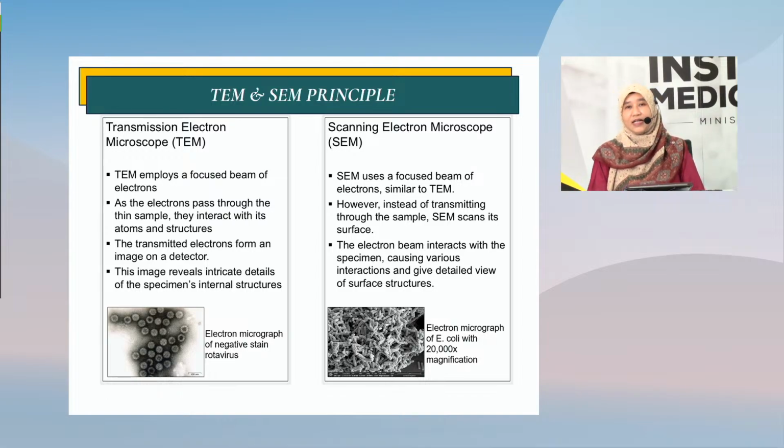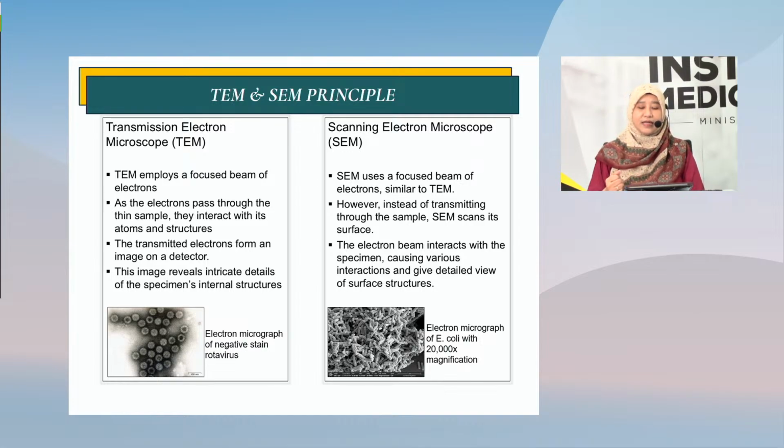The scanning electron microscope, or SEM, uses a high-speed focused beam of electrons, similar to TEM. However, instead of transmitting the electrons through the sample, the SEM scans its surface. While it scans, the electron beam interacts with the atoms in the sample and is reflected, and some of the electrons are ionized in the sample.